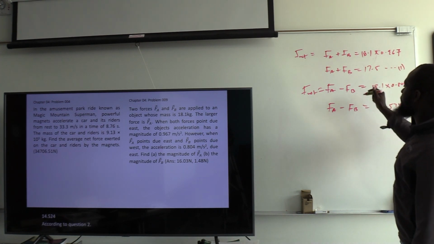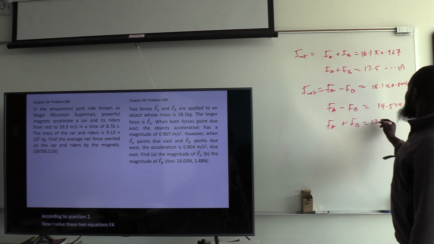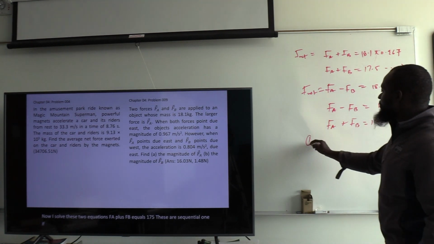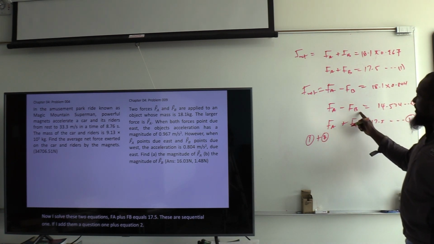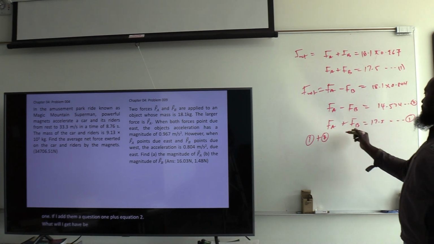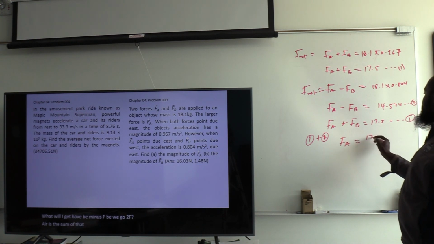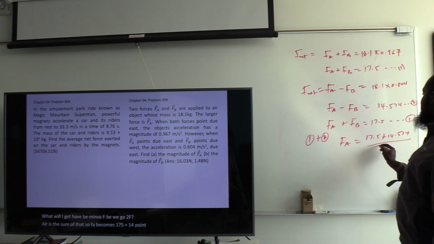Now I solve these two equations. FA plus FB equals 17.5. This was equation 1. If I add equation 1 plus equation 2, what will I get? FB minus FB go. 2FA is the sum of that. So FA becomes 17.5 plus 14.5524 divided by 2.